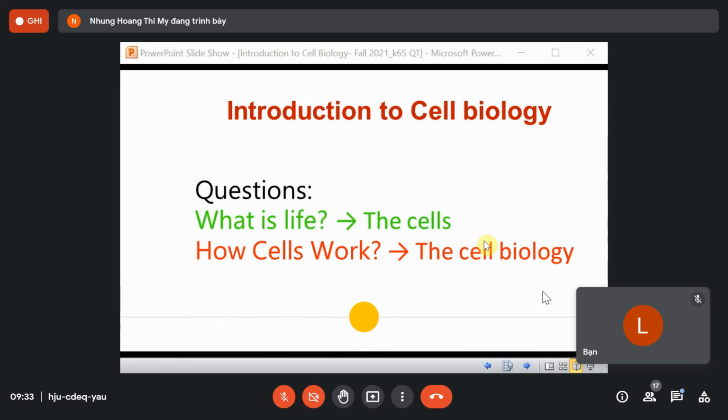Of course, if you want to understand how the cell works, you have to understand the cell structure and the cell function. So cell biology is sometimes more interesting for the learner to understand the cell than cytology.